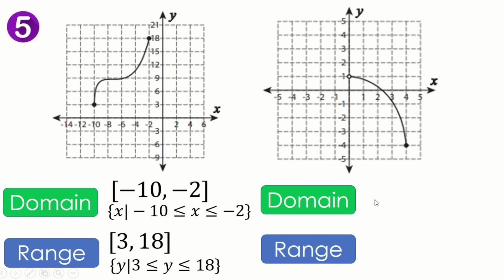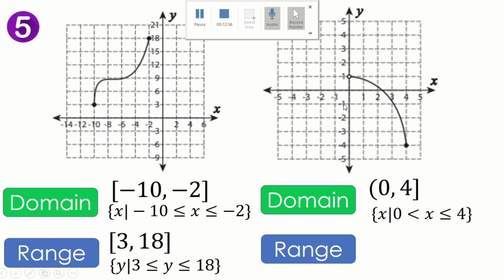Dito, ano kayang symbol gagamitin natin? So, we use this open parenthesis, no? Ito. Kapag di siya kasama. And then, this one, bracket, dahil kasama, naka-shaded.